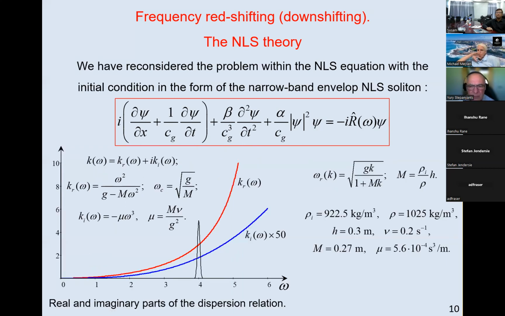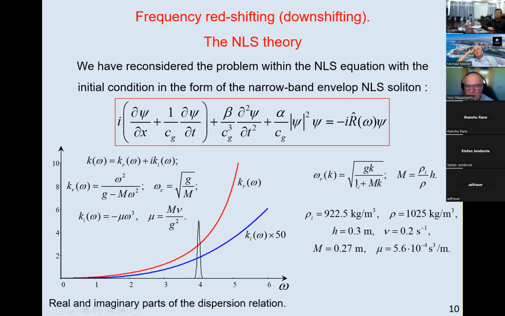In our case, we took into account ice cover, and in this case, the dispersion relation is presented here. This is the real part of the dispersion relation as a function of k, where parameter m corresponds to the floe ice density divided by water density, and h is the thickness of the floe.